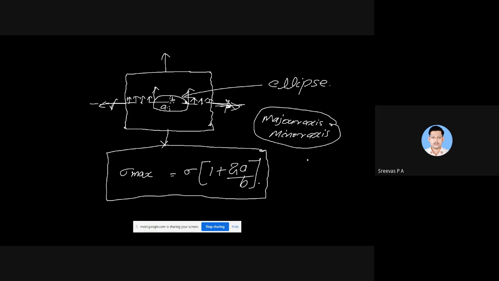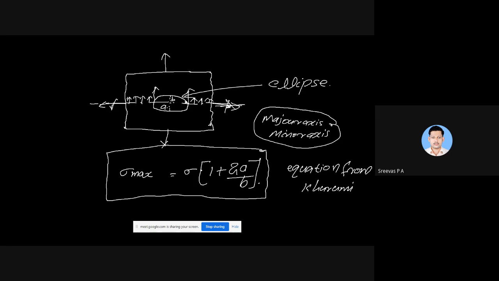Okay, this equation is discussed in the Kurmi textbook. So if it is a circle, what will be the equation connecting sigma max and sigma?